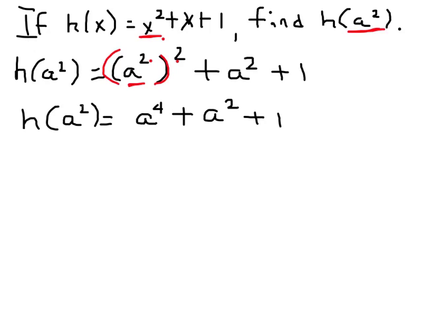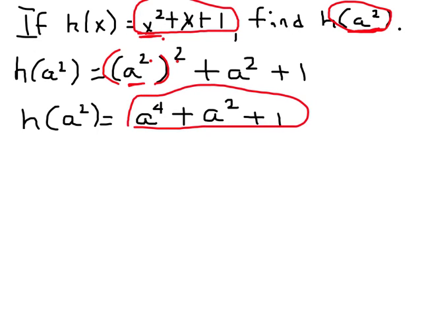Plus a squared plus 1. Well, then the function of a squared is a squared squared, which is a to the 4th, plus a squared plus 1. If this is the input and this is the function that happens, then this is the output.